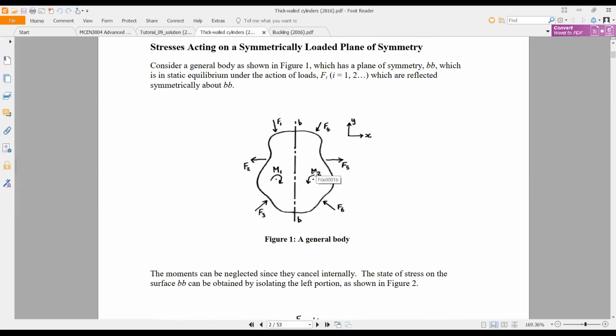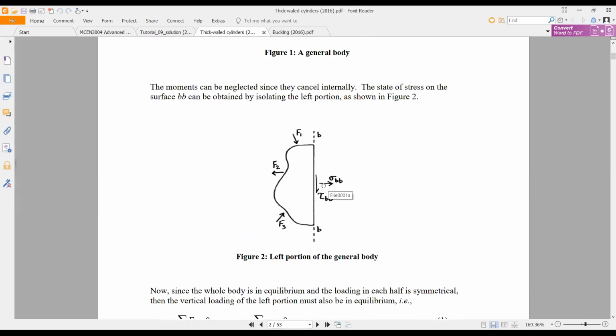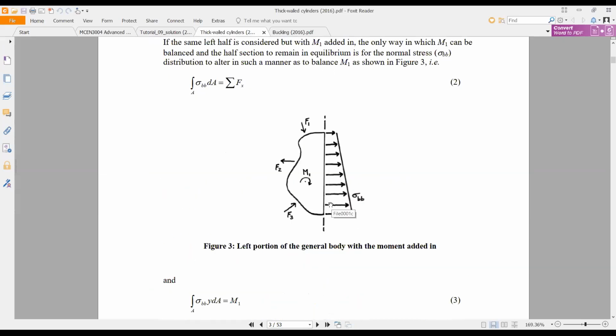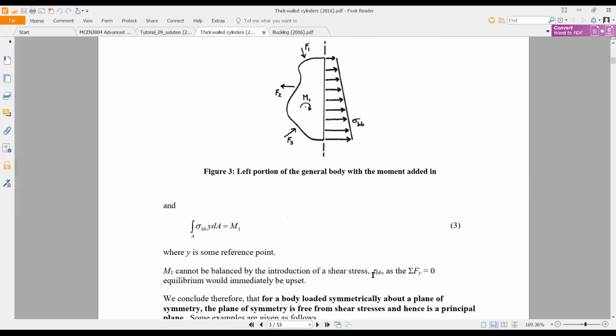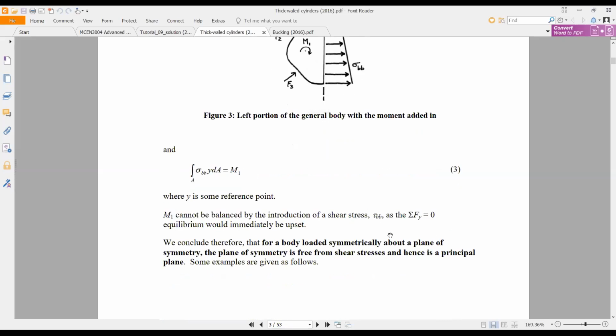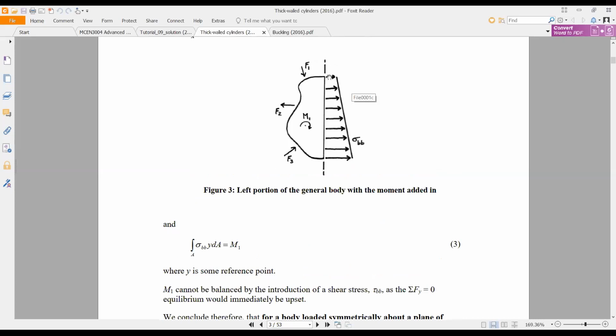If you separate these two, there is a bending moment due to these forces. So if you introduce tau BB, shear stress, with this kind of function, it is a kind of trouble to balance the system. And additionally, the shear force normally applies on the surface, not the perpendicular surface. So we can get the shear stress equal to 0.